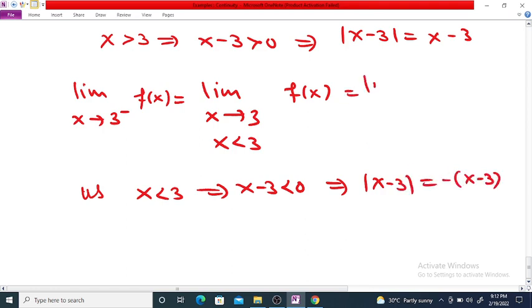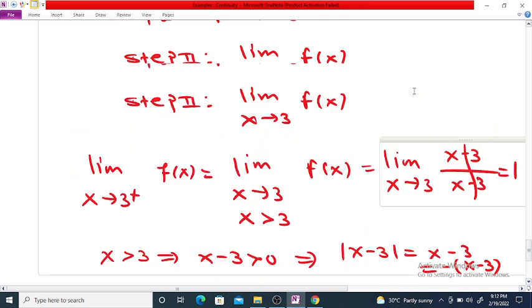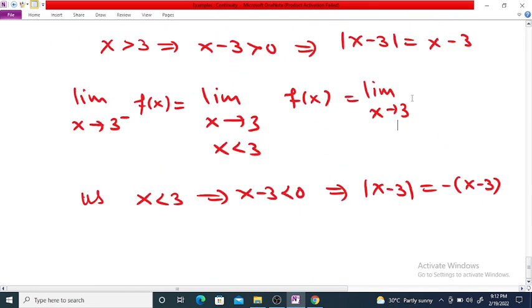So the value of mod of x minus 3 is minus (x minus 3) divided by (x minus 3). So this will get cancelled here. The limit is equal to minus 1.